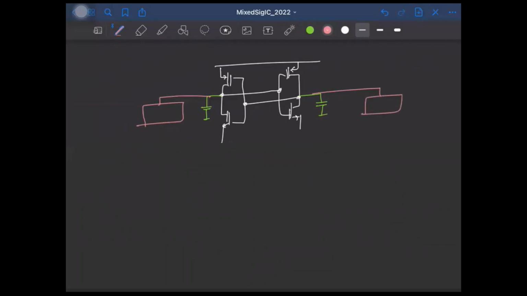Now we can have a bank of capacitors on either side, like this. Let's say I'm showing 4 capacitors for simplicity. A usual procedure is to weight them in a binary weighted fashion, so this can be C0, 2C0, 4C0, and 8C0. Similarly, here also we have the same structure.